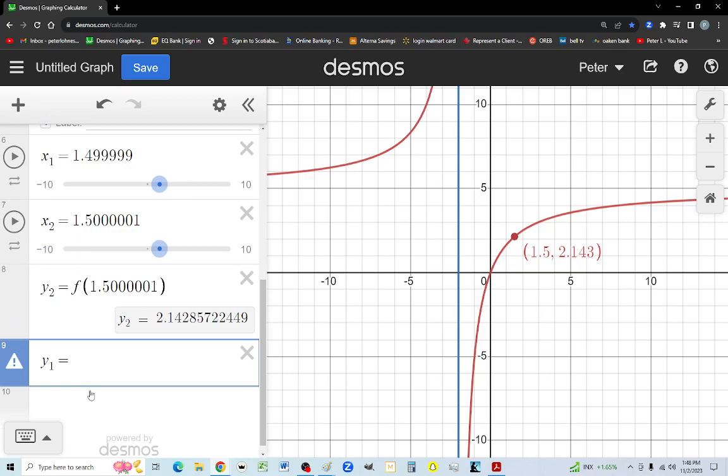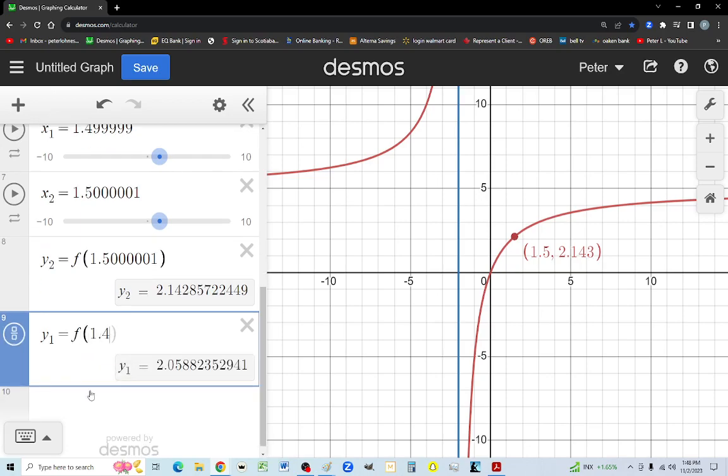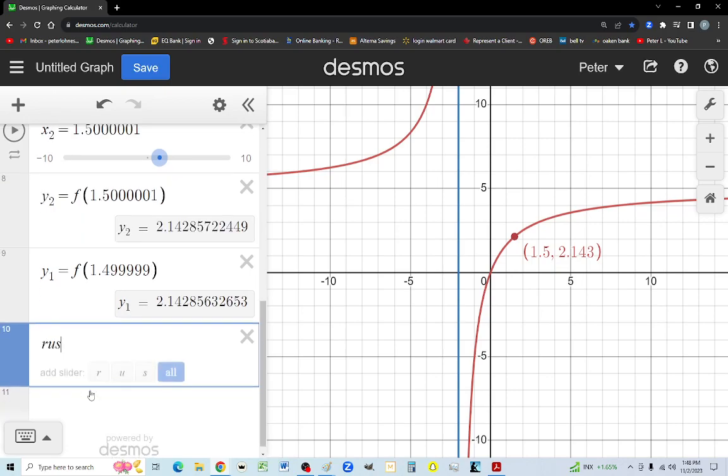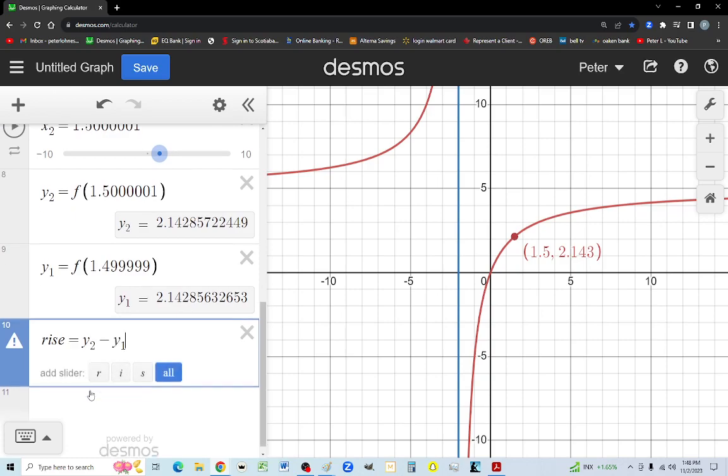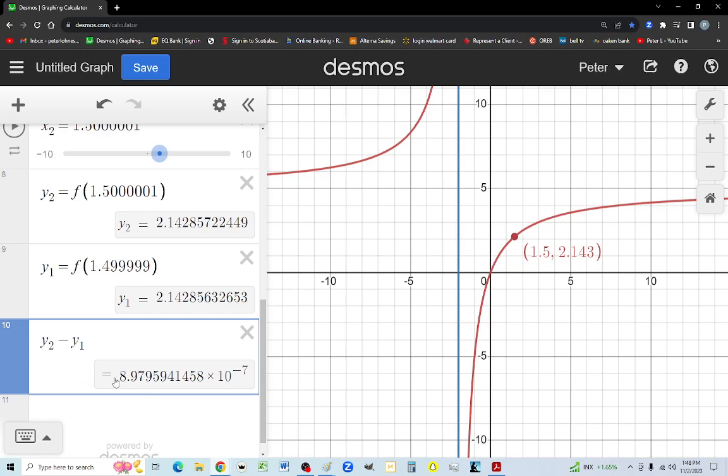And y1 is the point just to the left, 1.499999. Well, now we can just say rise is equal to y2 minus y1, and it will be able to do it for us. Let me just get rid of rise, and we'll just say y2 minus y1, and it gives it to me.